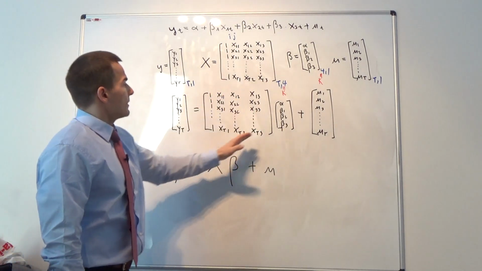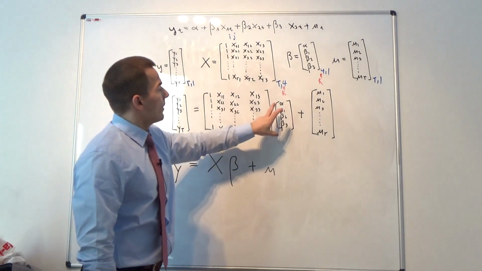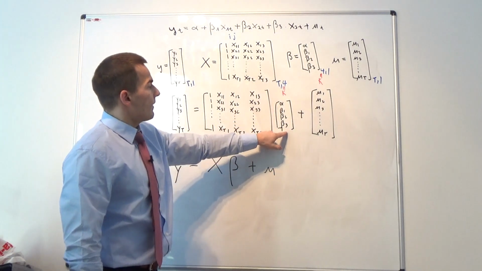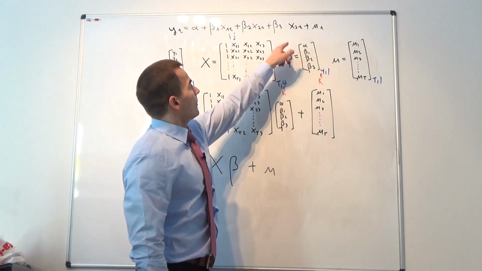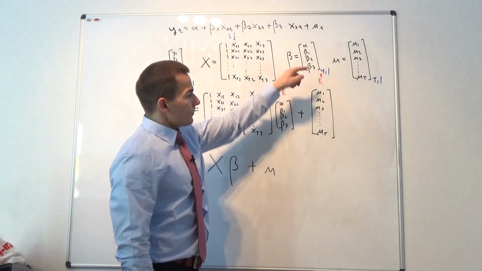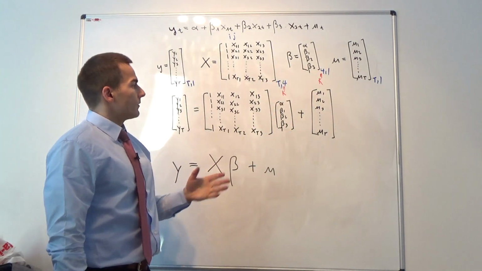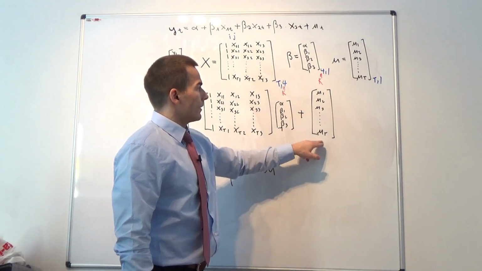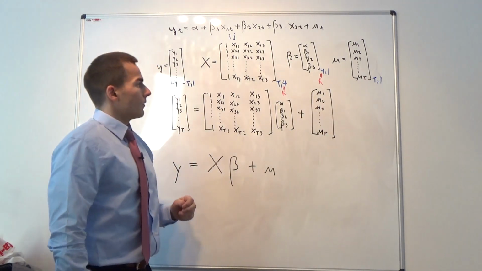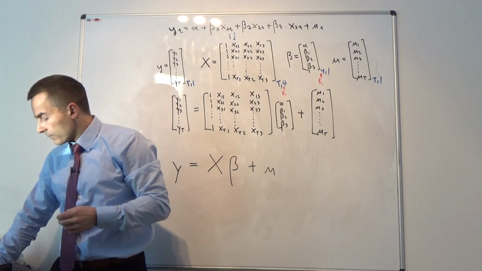We have here the X matrix multiplied with the 4x1 vector of our point estimates, and then we add, of course, the corresponding residual or error term.